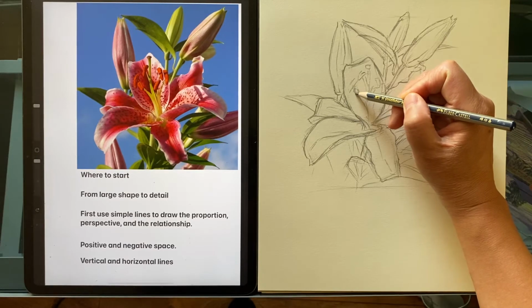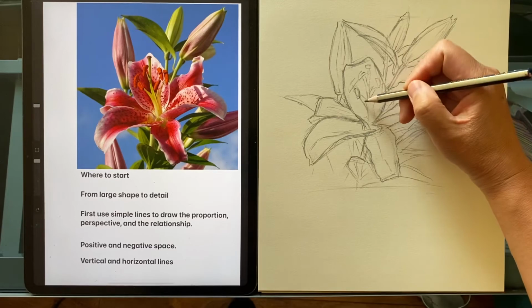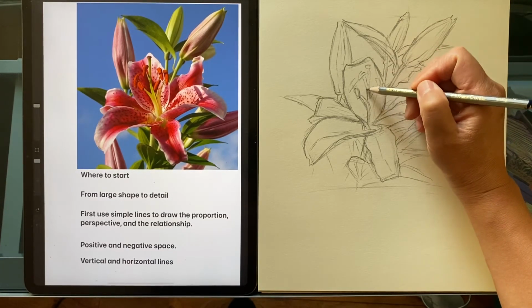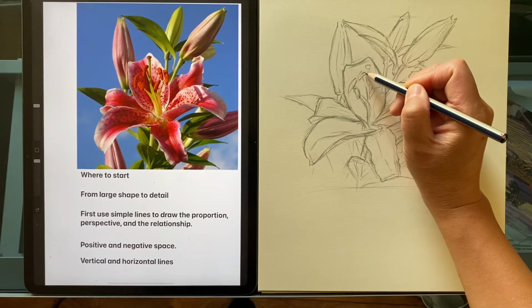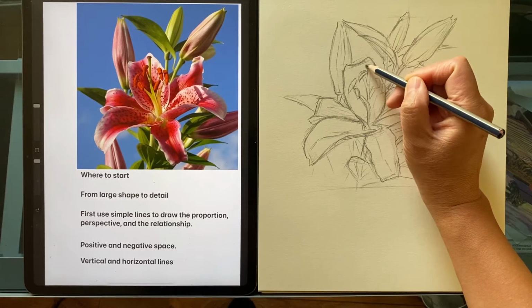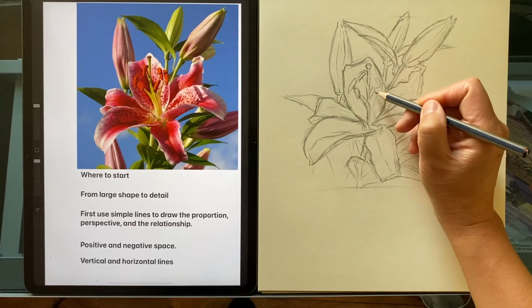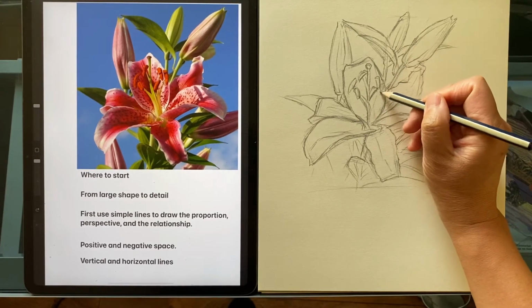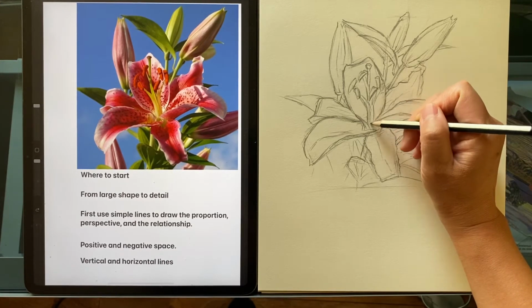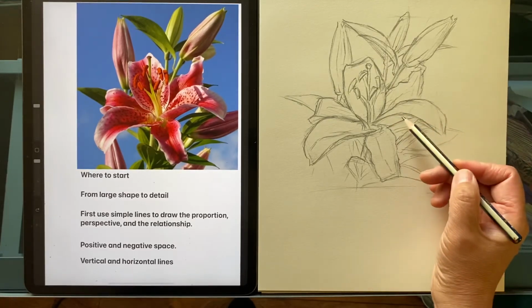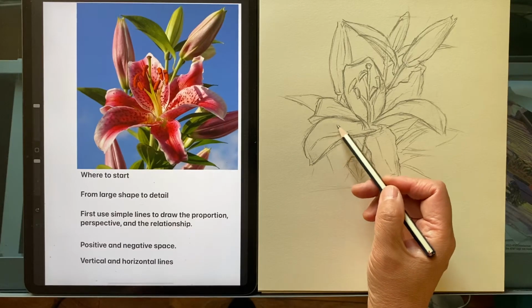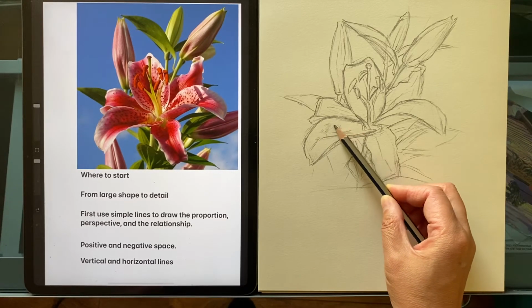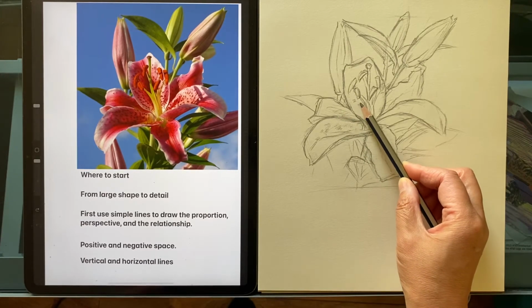Then detail on here. So then after this, put some dots here.